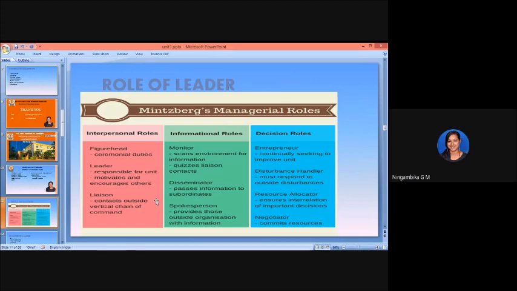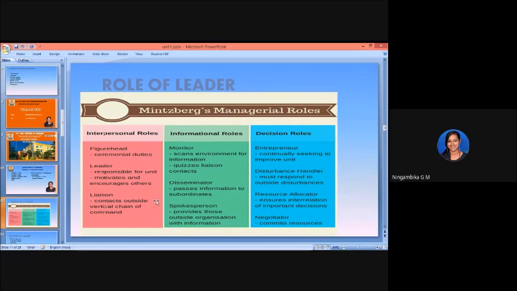Coming to the next one, liaison. Liaison can be asked for 3 marks. Who is a liaison? What is the liaison role? It is how well the leader tries to contact the outside vertical chain of command, making contact outside the organization at the same level. For example, if he is working in the HR department of XYZ company, how will he get to know the HR department of some other company?